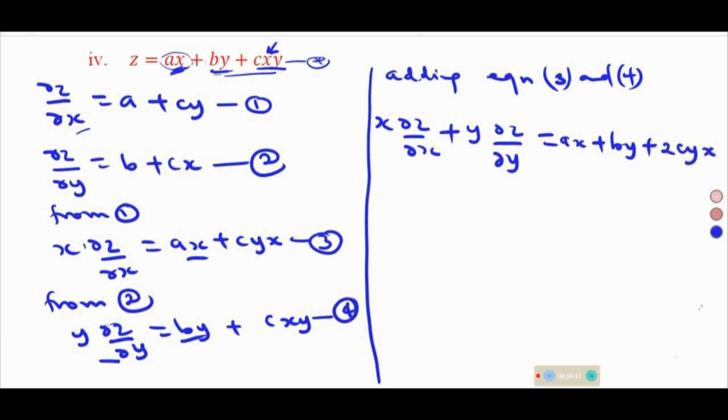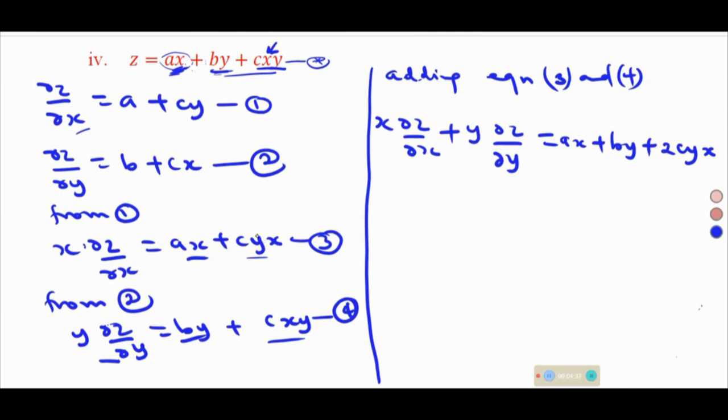Why are we adding, not subtracting? Because when you look at this, it is cyx and cyx, and someone would think of subtracting first. But remember, in your equation here, you have a plus. So it would be better to add than subtract. That's why we are considering the addition instead of subtraction.